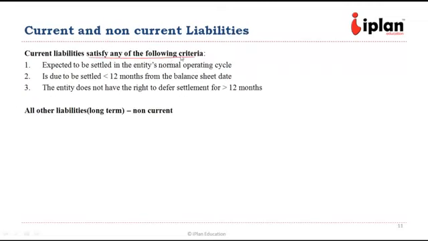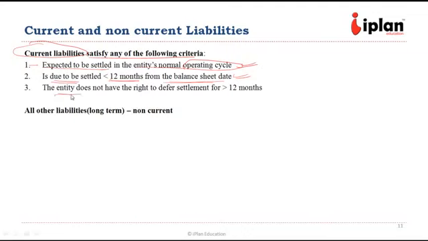So if they satisfy any of these criteria, they are categorized as current liabilities. The first one is they are expected to be settled in entity's normal operating cycle. We have already seen the definition of operating cycle. The second criteria is if a liability is due to be settled within 12 months from the balance sheet date, then we can categorize as current liability.